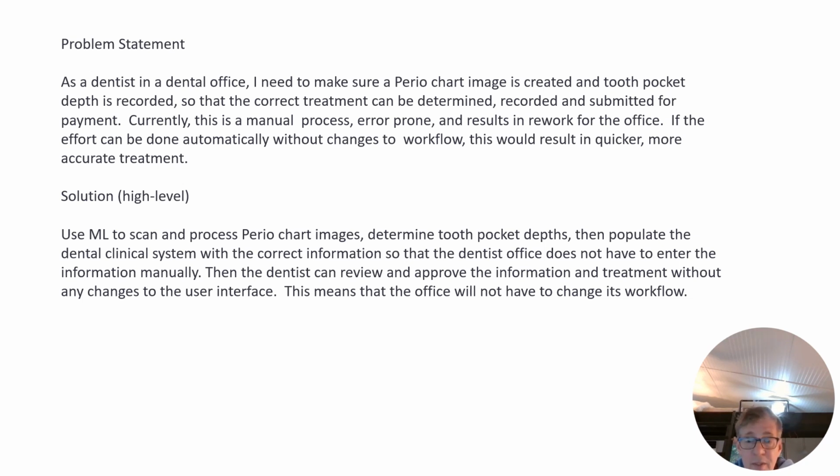So it creates a lot of rework. So if we could figure out how to do this automatically without changing any workflow in the dentist office, then we can really find a way to do it quicker and have more accurate treatment.